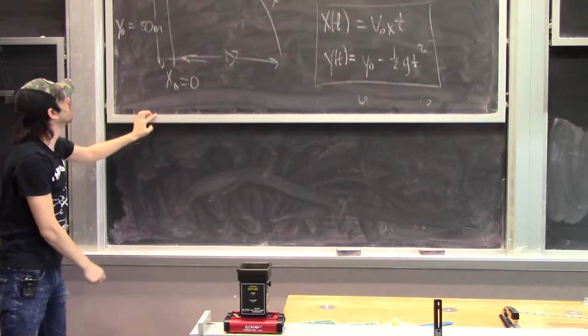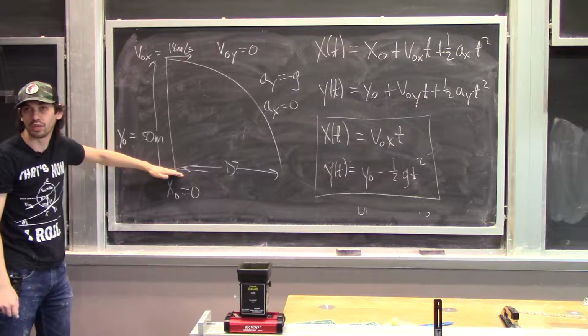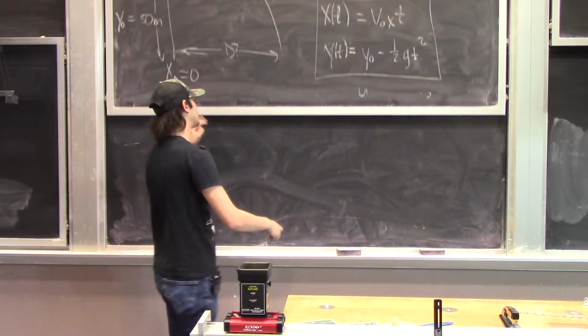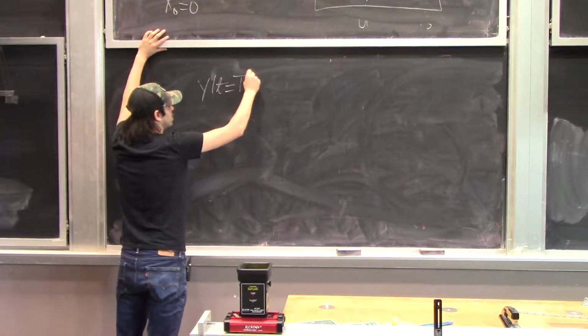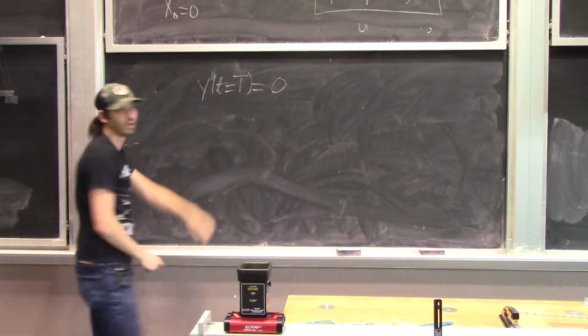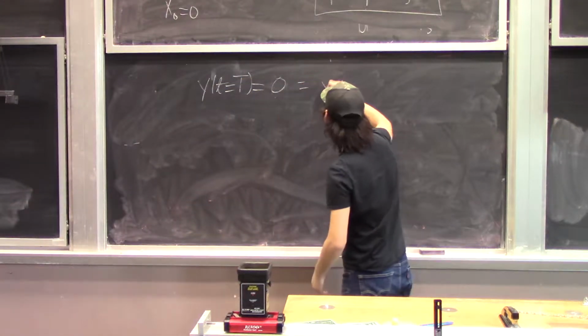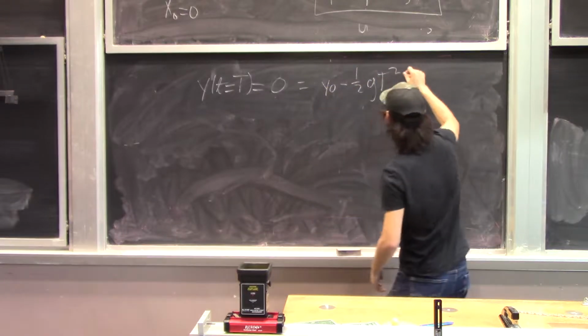And we know that the position when it falls to the bottom is going to be 0. That's to say that for some very special time, let's call it capital T, y of T, the height, is 0, which is equal to y0 minus 1/2 g capital T squared.